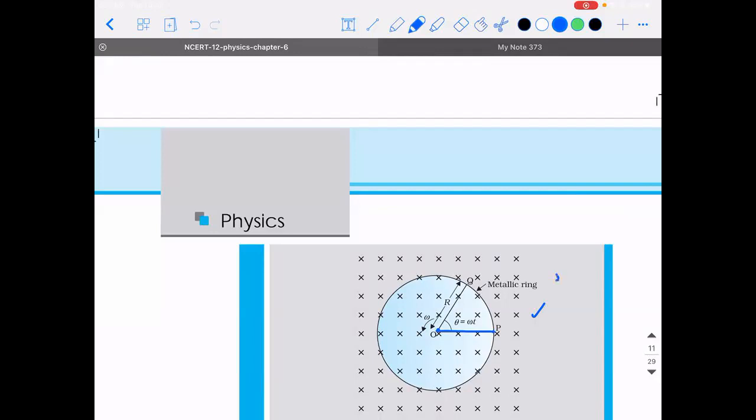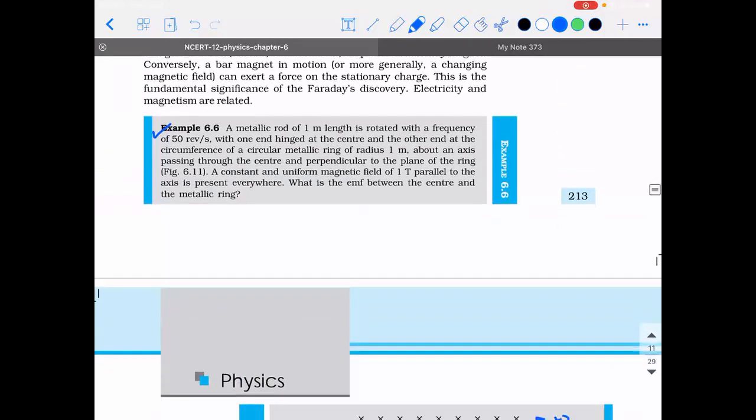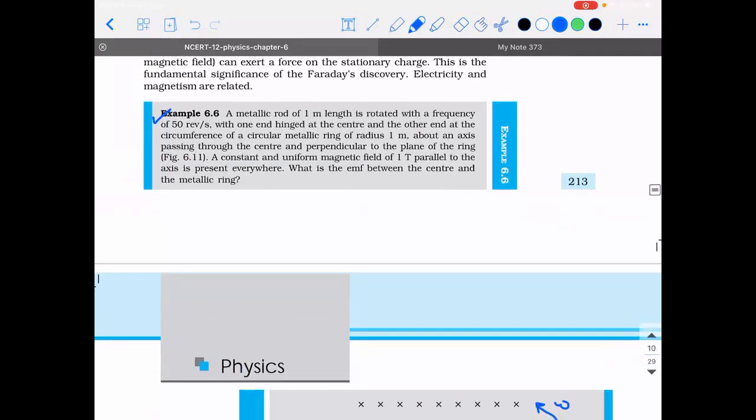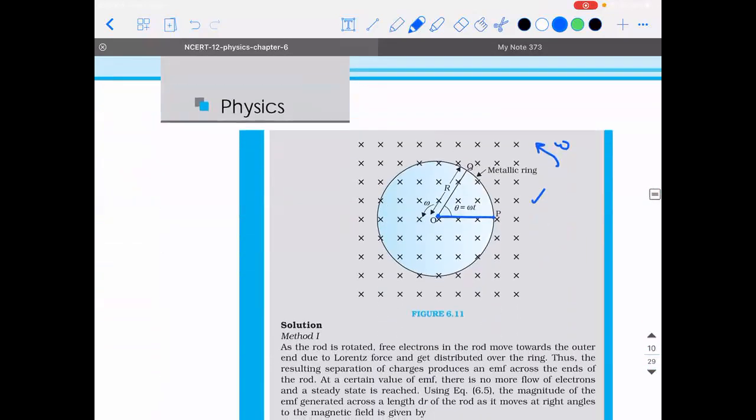Let's say it starts revolving in the anti-clockwise direction with an angular velocity omega. Now our job is to find what is the EMF that is getting generated across the ends of that rod. So how do we do that?